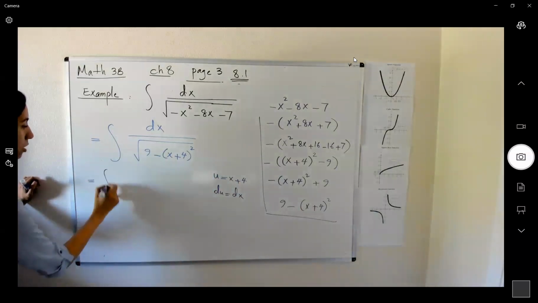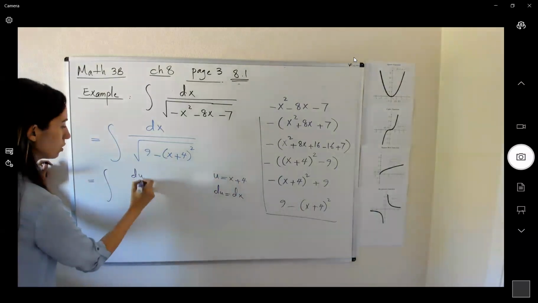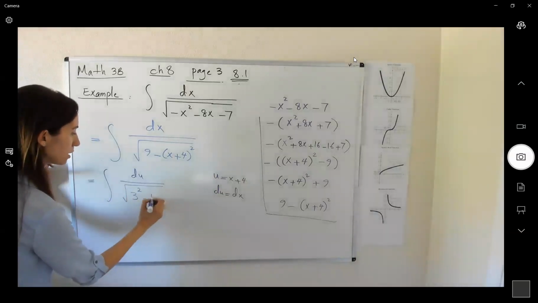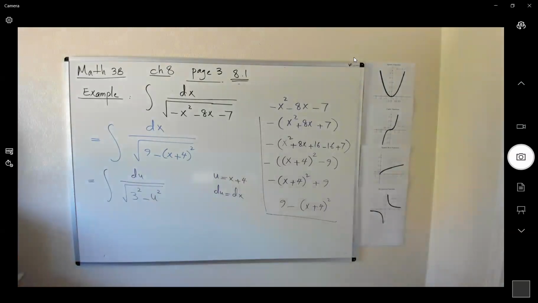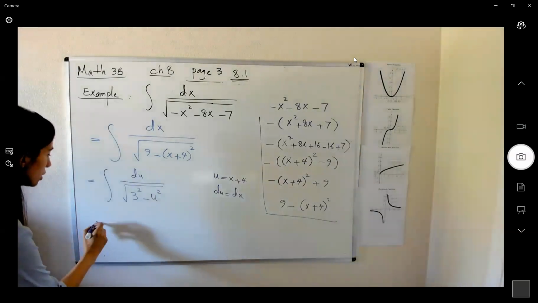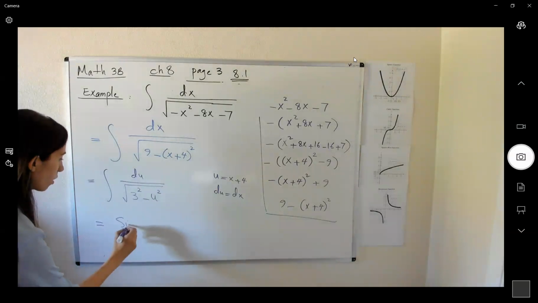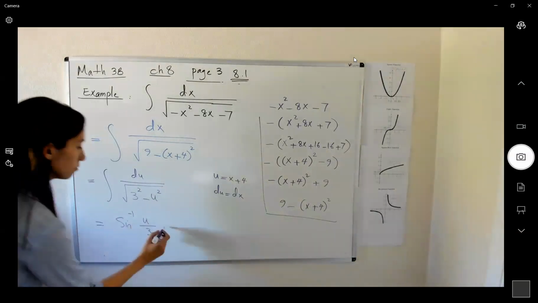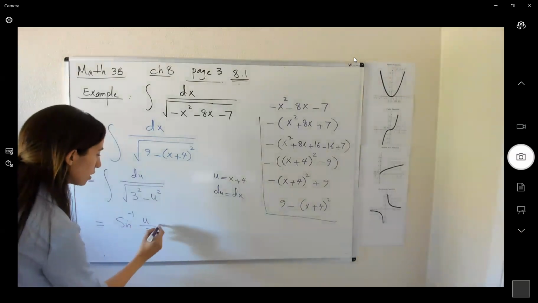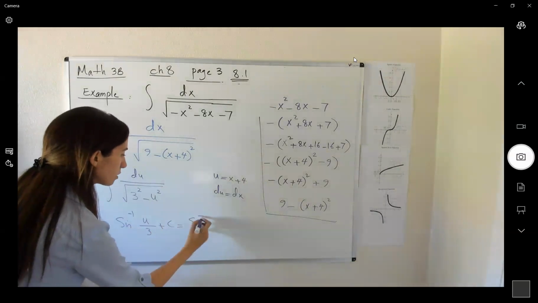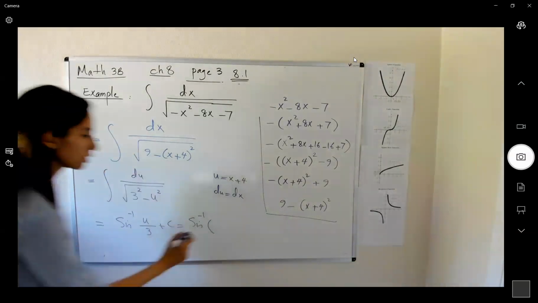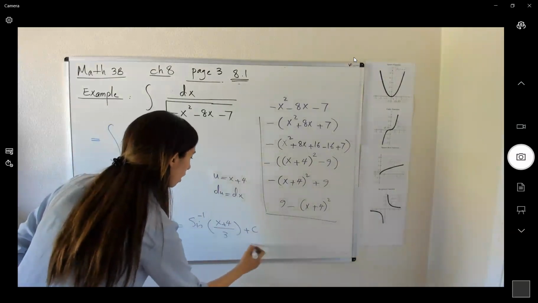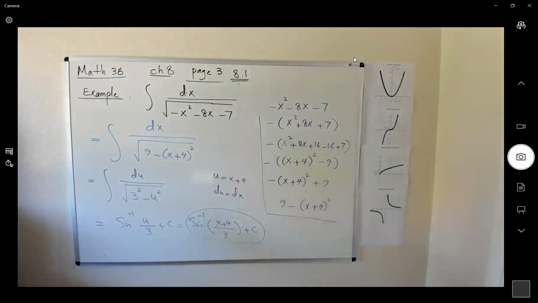So this integral is the integral of du divided by the square root of 3 squared minus u squared, which is equal to inverse sine of u divided by 3 plus the constant of integration, which gives you the inverse sine of x plus 4 divided by 3 plus the constant of integration.